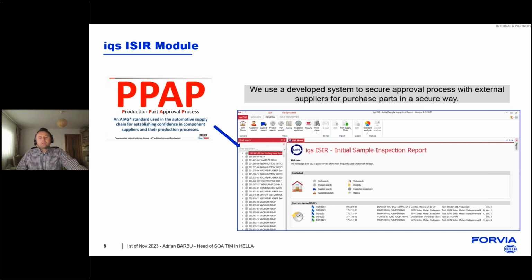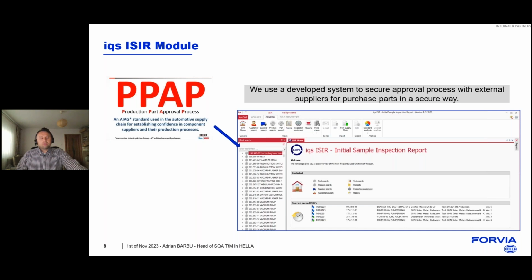And with this system, for every product that we are developing with the suppliers, we can see what has been submitted, at what time it was submitted, whether it is according to what is expected, whether we have deviations, and whether we need to correct it.